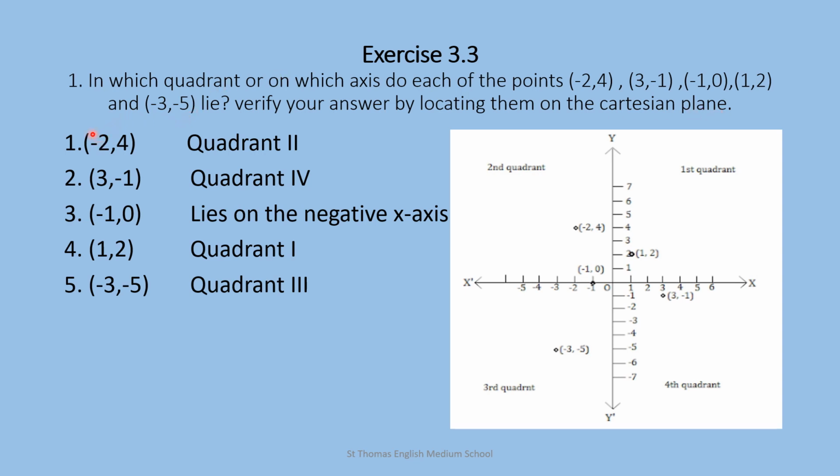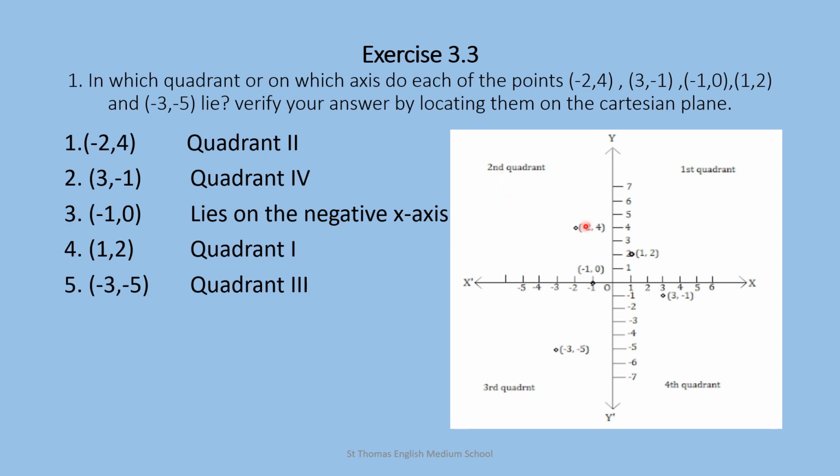Moving to the first ordered pair, that is (-2, 4). The x coordinate of the ordered pair is negative and the y coordinate is positive. So on the x-axis, x is on the negative side and y is positive. So it will be in the second quadrant.